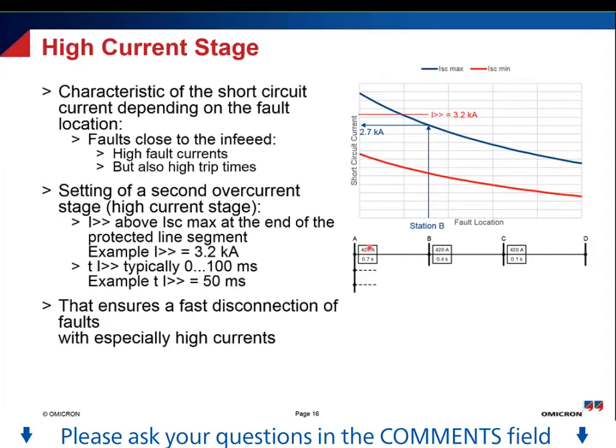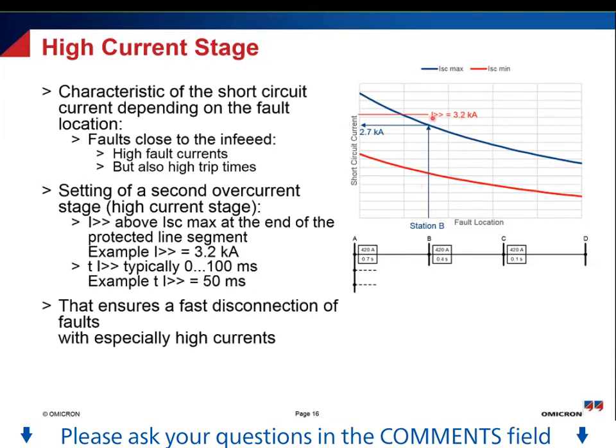In order to maintain our selectivity, if we want to set our relay in substation A, then we take the maximum short circuit current at station B. Let's say in this case it's 2.7 kiloamps, and now we select the current that is above this value with a certain safety margin. So our setting for the high current stage could be, for example, 3.2 kiloamps.